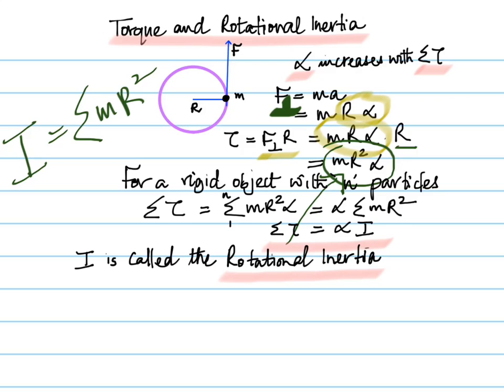Number three, it mainly depends on the distribution of the particles about the axis. So it depends on the total mass, on the position and inclination of the axis, and also on how the particles are distributed about the axis.